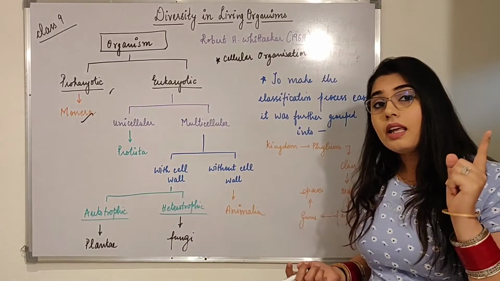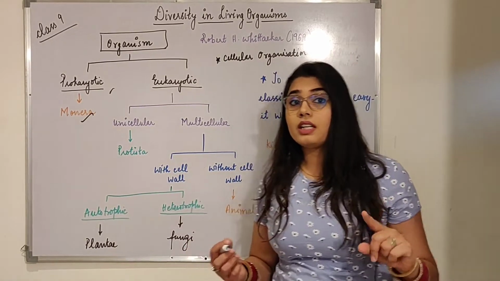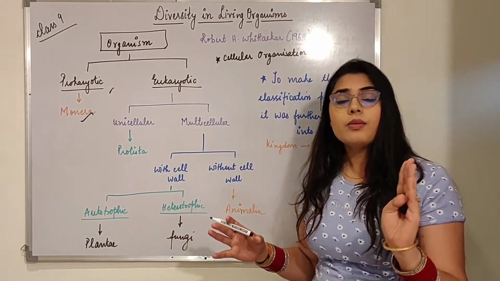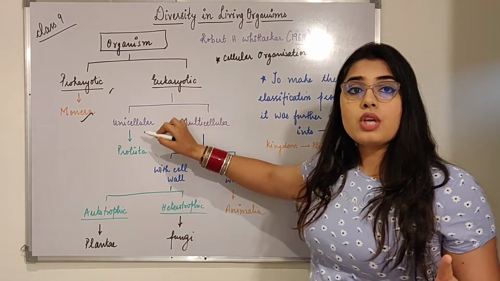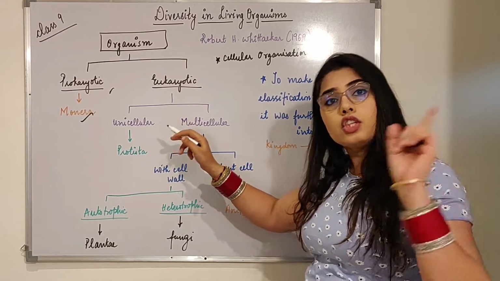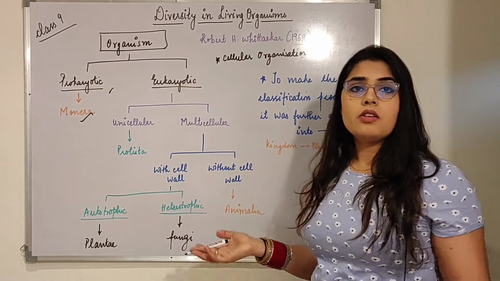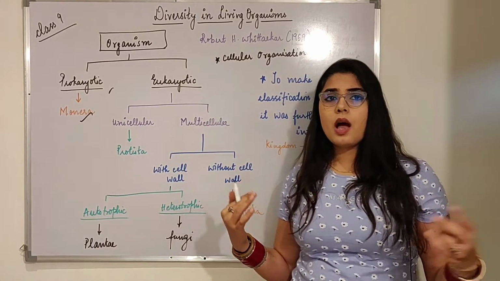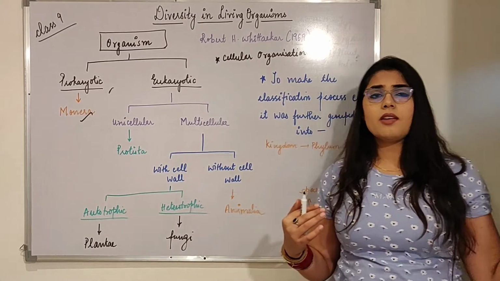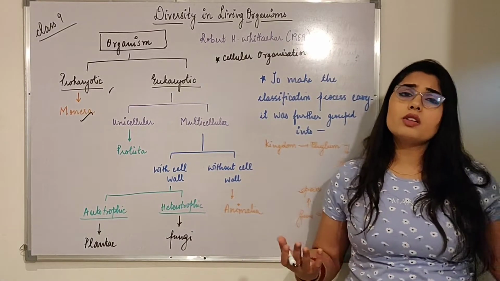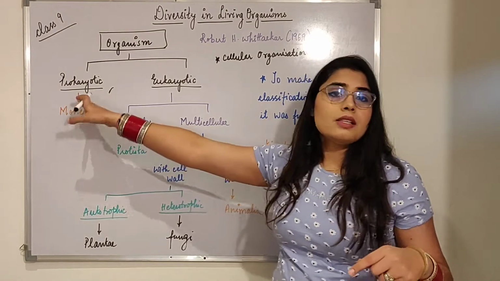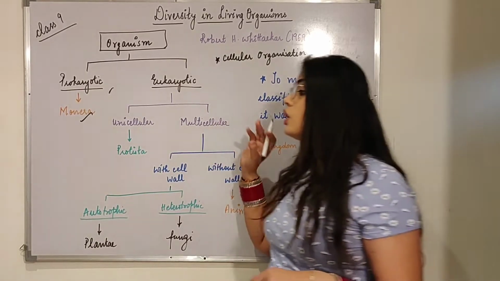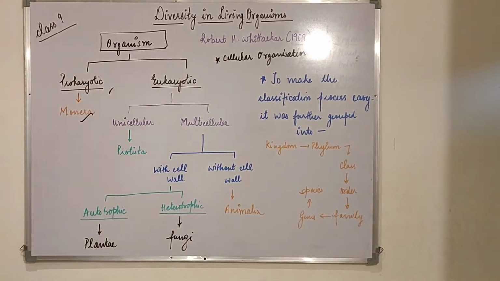I will say that if the DNA is very well defined and the cell is structurally well defined, you will have to check whether that eukaryotic cell is unicellular or multicellular. For example, if you are given a group of organisms and you say this is prokaryotic, this is prokaryotic, then all the prokaryotic ones will go into Monera. But among the eukaryotic ones, you will see whether it is unicellular or multicellular.